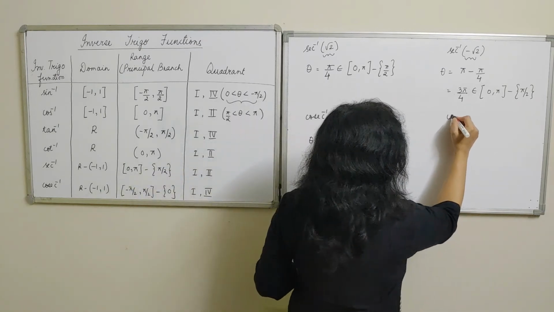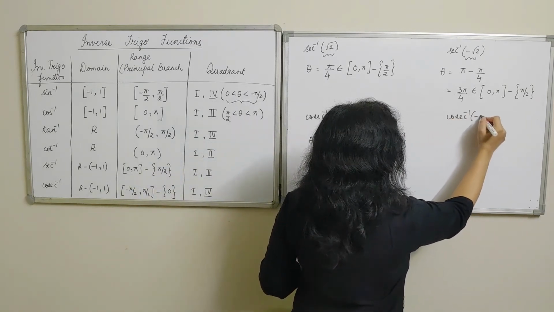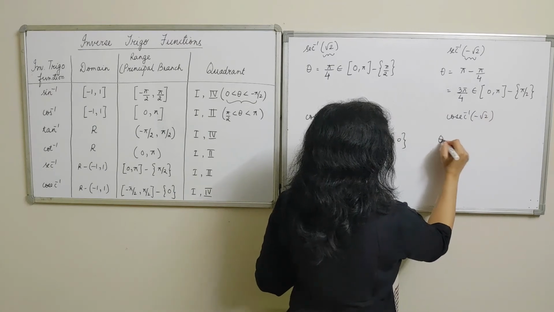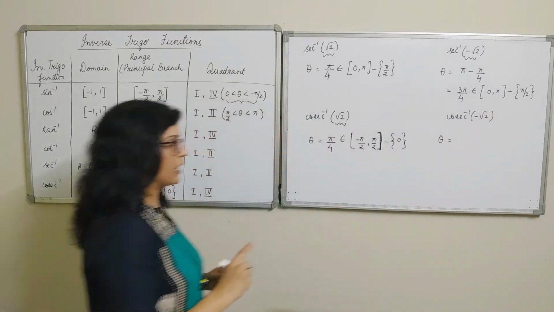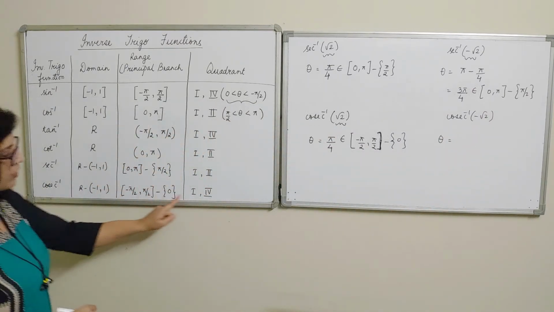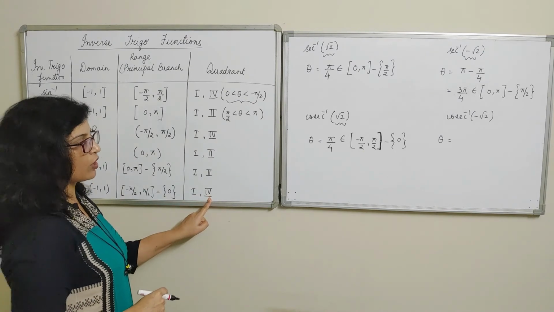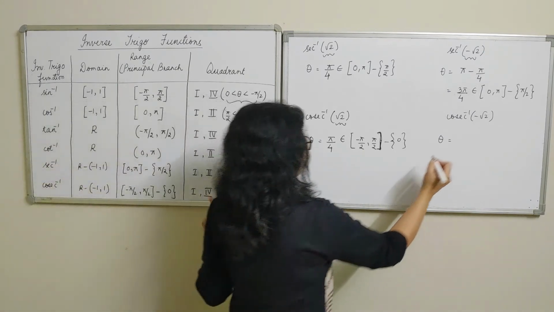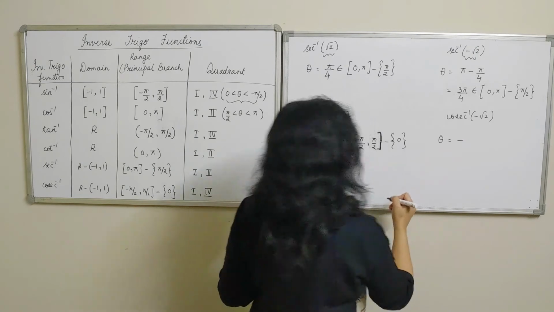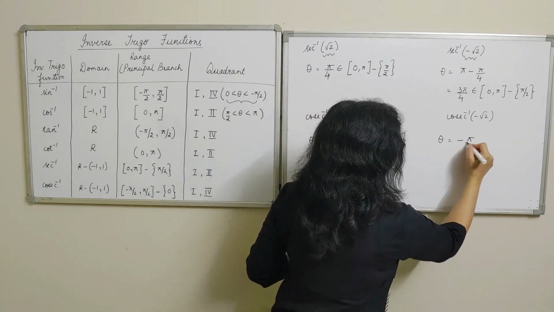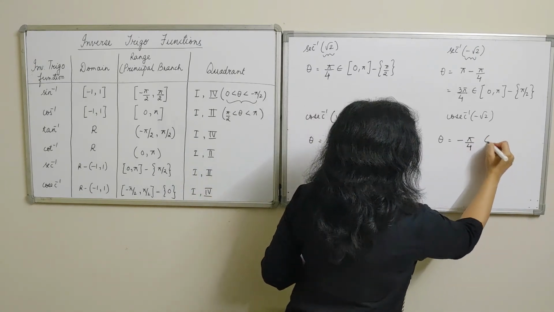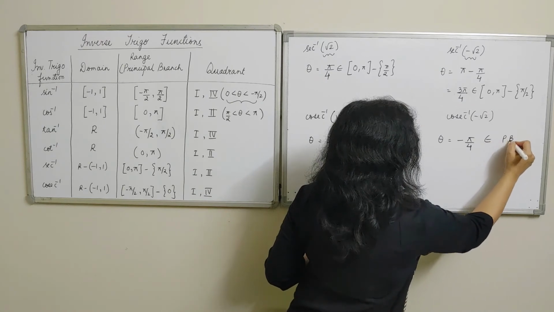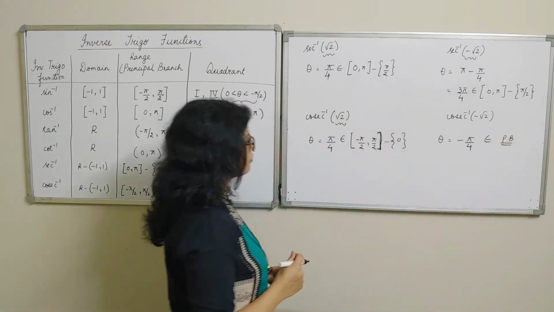If it is cosec inverse minus root 2, we know the angle does not lie in the first quadrant. For cosec inverse, it has to lie in the fourth quadrant, and in the fourth quadrant the angle is negative, minus pi by 4. So this angle once again belongs to the principal branch of the cosec inverse function.